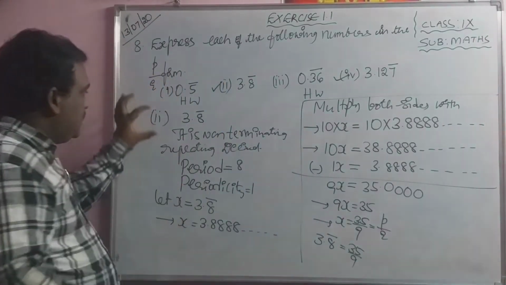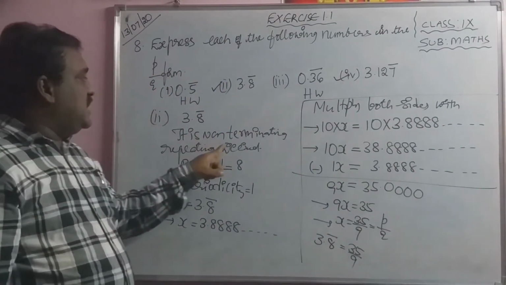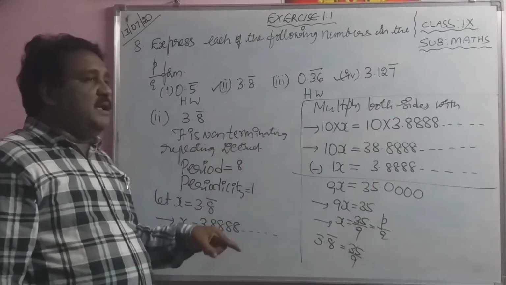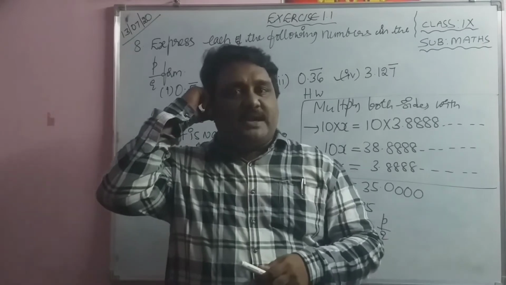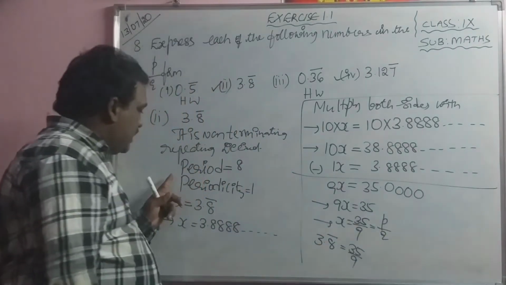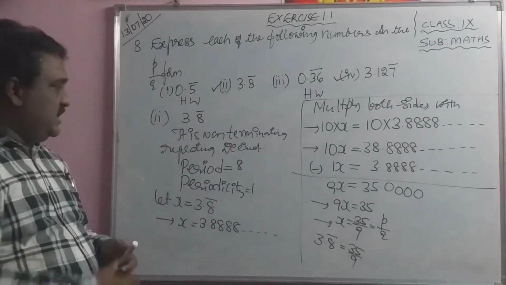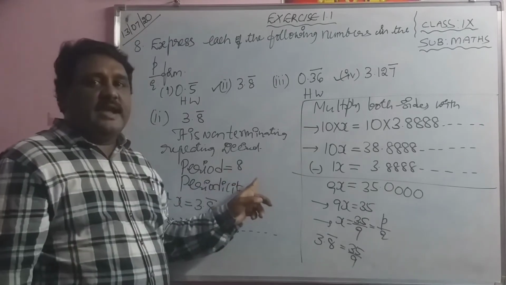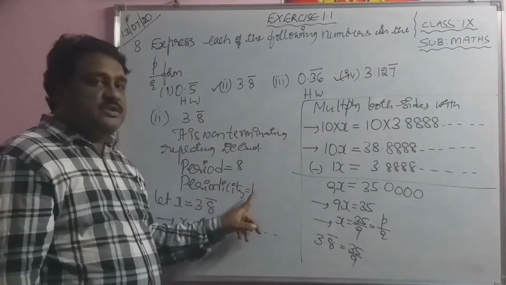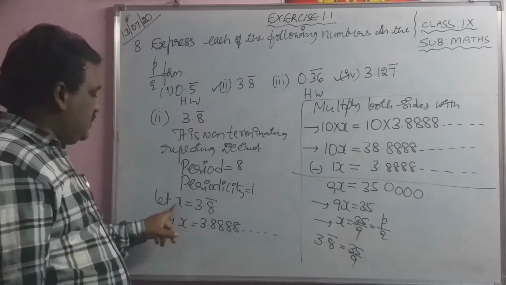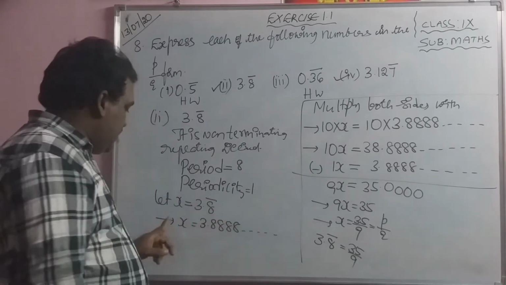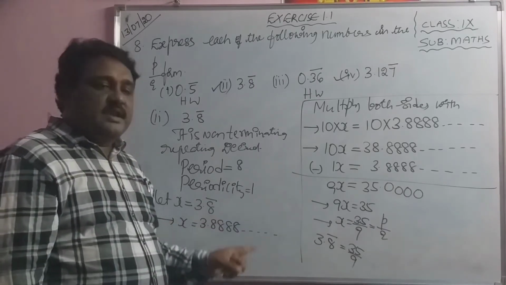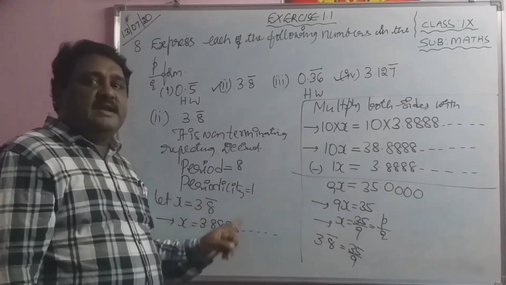See again, when a bar is there, it is a non-terminating repeating decimal. Here we talk about period and periodicity. Period is 8, periodicity is 1. Let x equal to 3.8 bar, means 8 is repeating, so x equal to 3.8888 and so on.